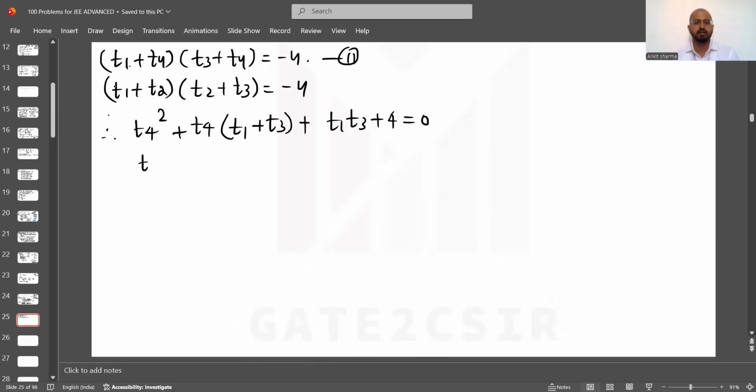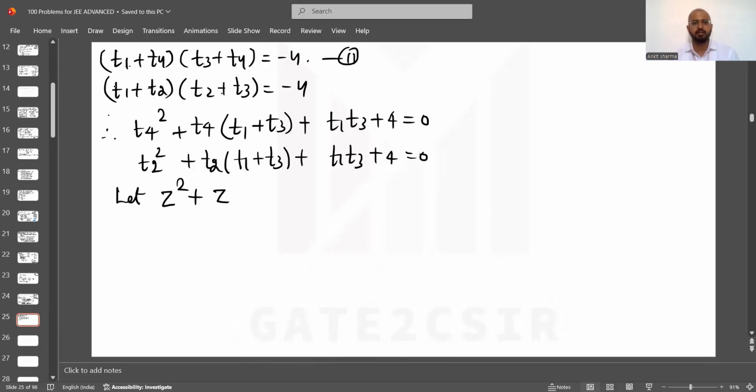And I'll be having here t2 square plus t2 times (t1 plus t3) plus t1 t3 plus 4 is equal to 0. If I ignore t4 and t2 and write down, let's say I have z square plus z into (t1 plus t3). This is not a complex number, just a variable. Plus t1 t3 plus 4 is equal to 0.